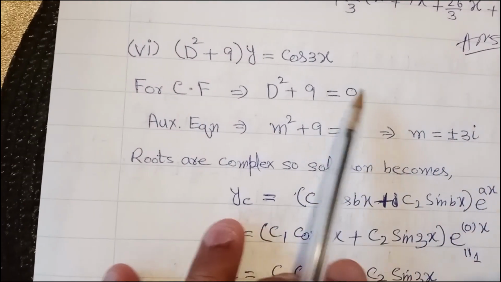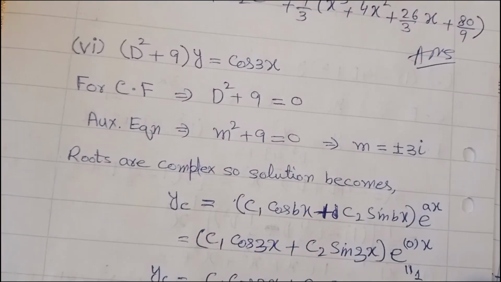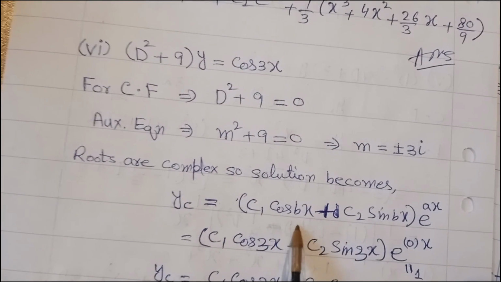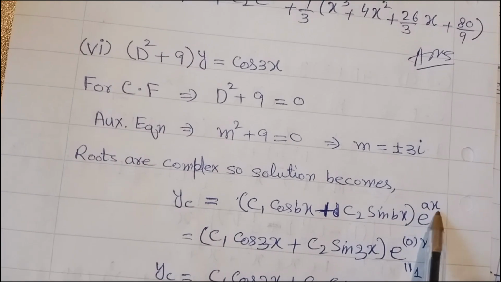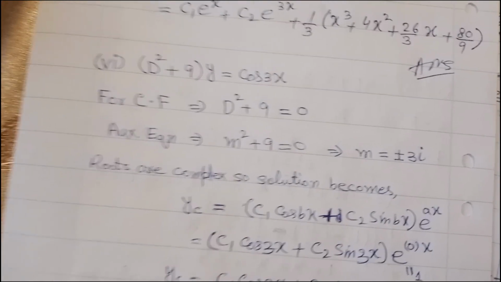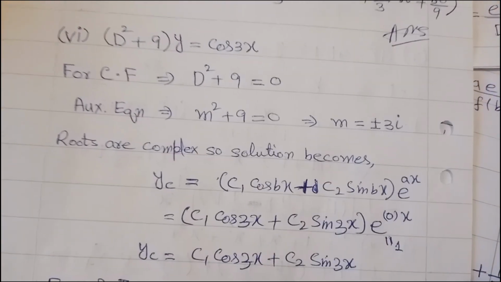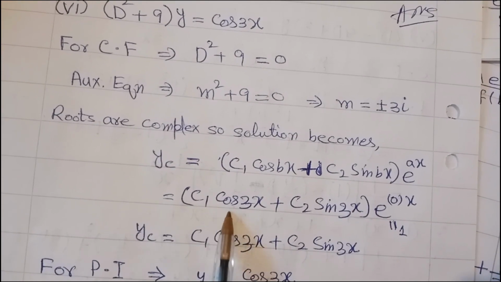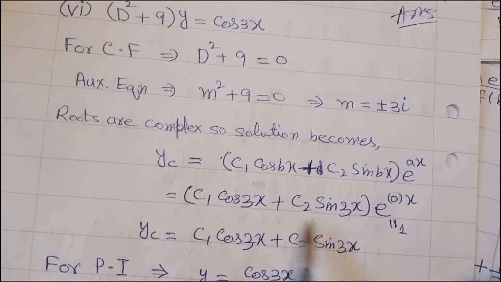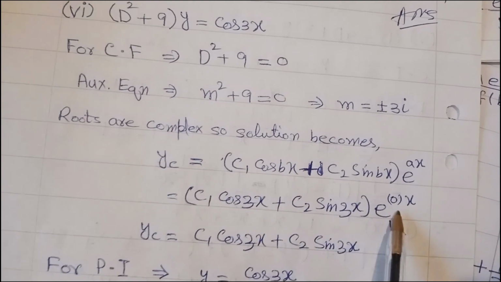In case of complex roots, you know that the solution can be written as c1 cos bx plus iota c2 sin bx, exponential power ax. So yc is equal to c1 cos 3x plus c2 sin 3x exponential ax.